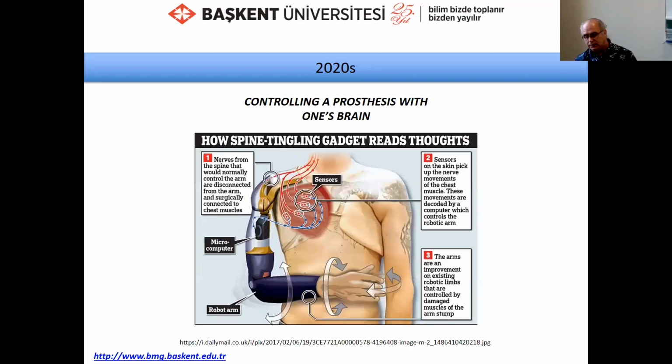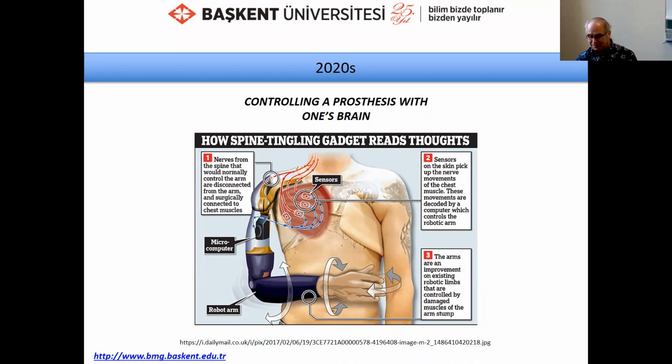Another important development is related with the prosthesis. Nowadays, scientists are focused on controlling a prosthesis with one's brain. I mean, you are creating a novel arm, for example, or hand.